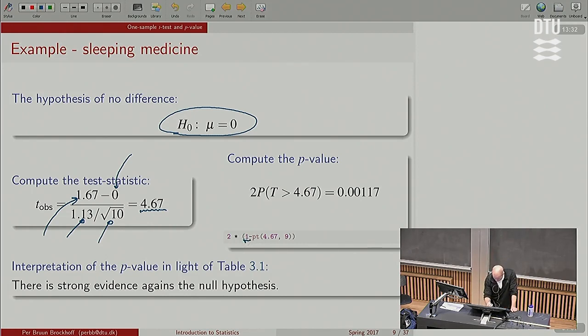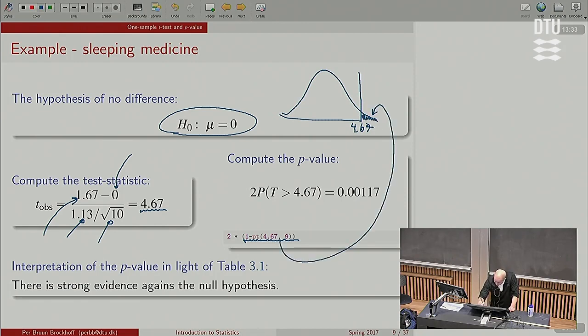So I go for 1 minus pt, which is exactly the probability of being to the right of 4.67, to be even more extreme than 4.67, and then I multiply by 2, and by this I add up the other side, because a similarly extreme discrepancy could have been to see minus 5 or to the left of minus 4.67.